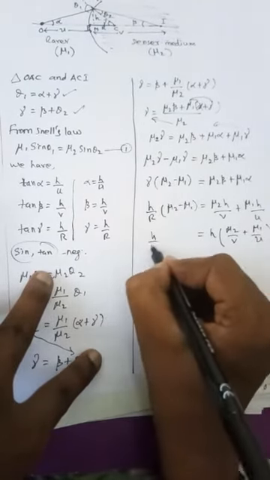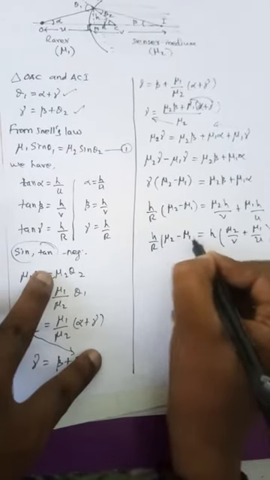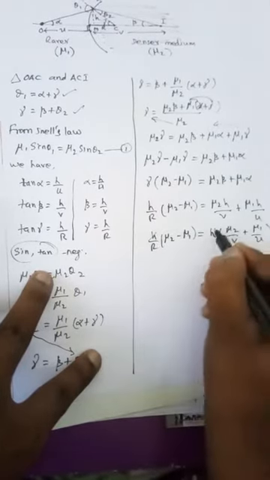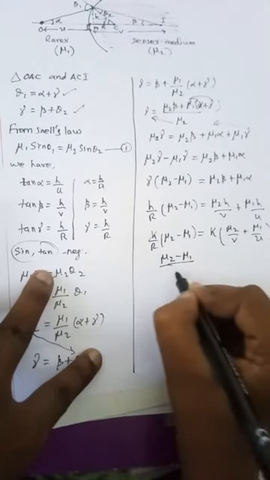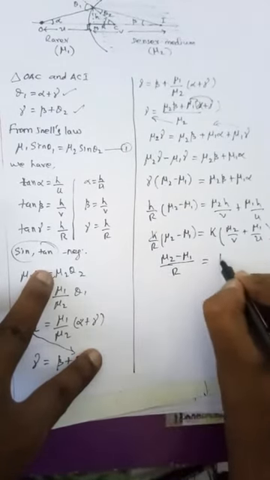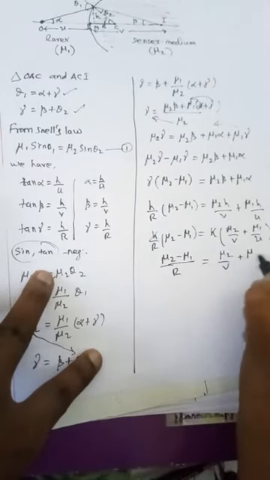Take h common and cancel it. So mu2 minus mu1 by r is equal to mu2 by v plus mu1 by u.